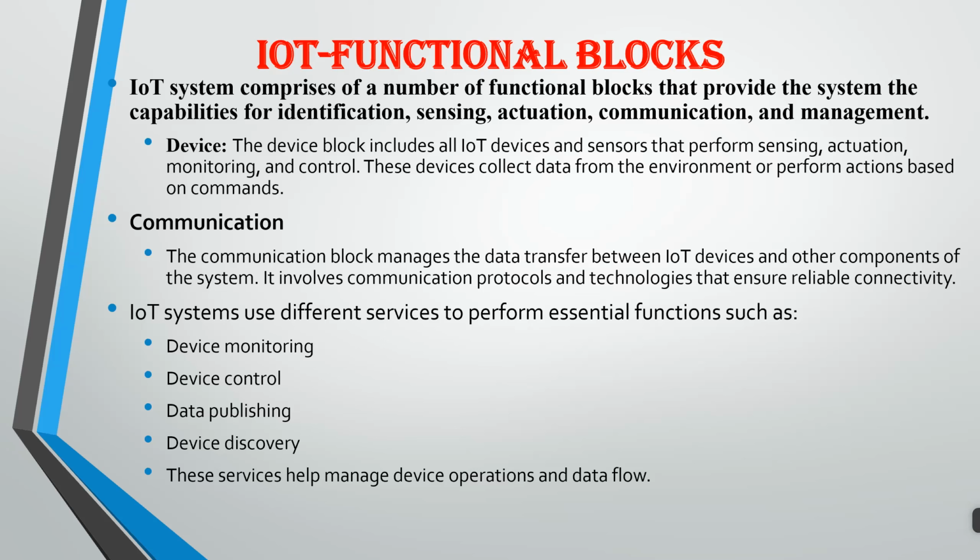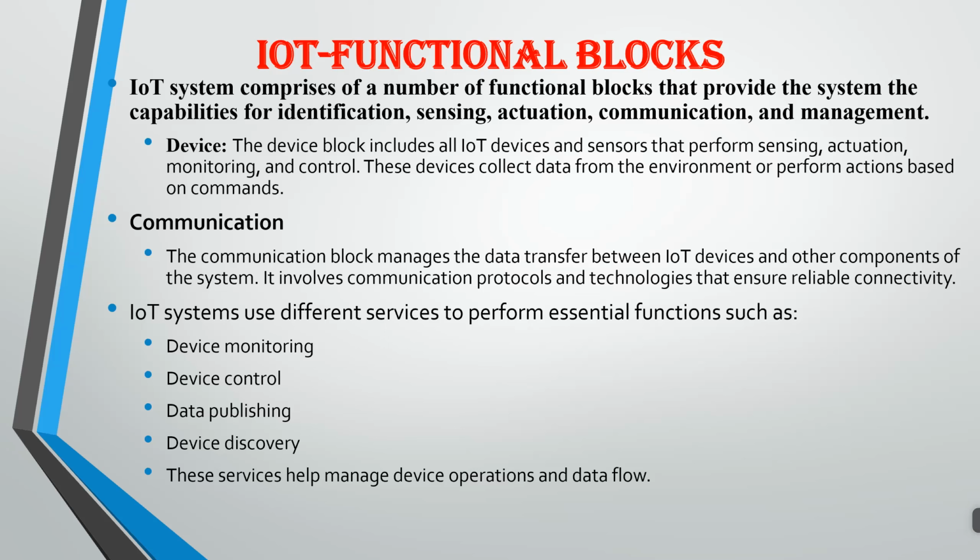And there is a software which is associated with those sensors and devices, to do some meaningful actions managed by the user. So basically, we have all these things put together comprising the IoT system containing the devices for identification, sensing, actuation, communication, and then management.